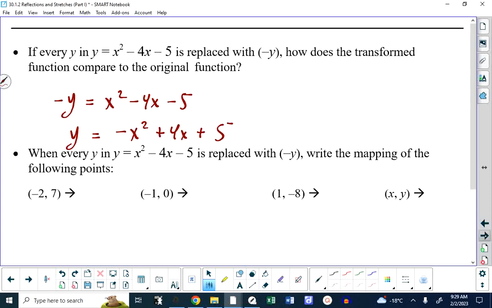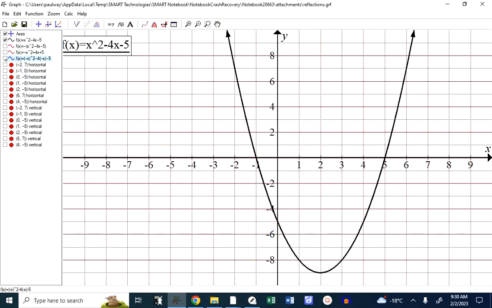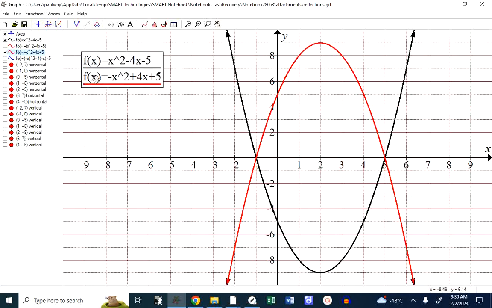I think you can probably guess what's going to happen here. It's going to be vertically reflected. But let's confirm that. So there's the original function y equals x squared minus 4x minus 5.